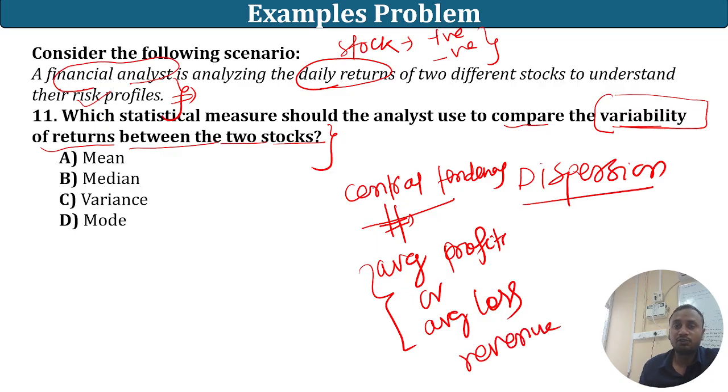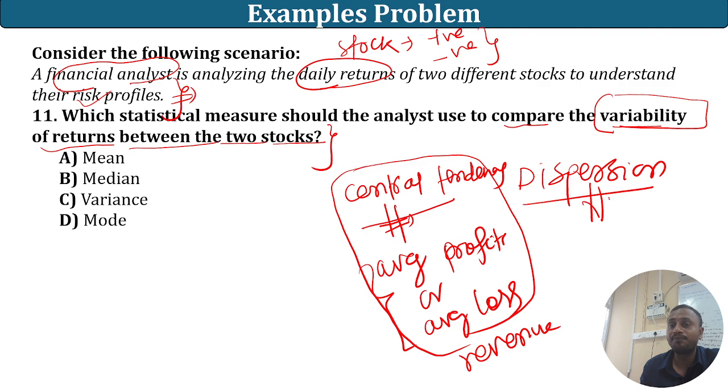That comes under central tendency. But when we talk about the risk profile or variability, it becomes dispersion. That dispersion can be the standard deviation or maybe the range. It's again a dispersion.